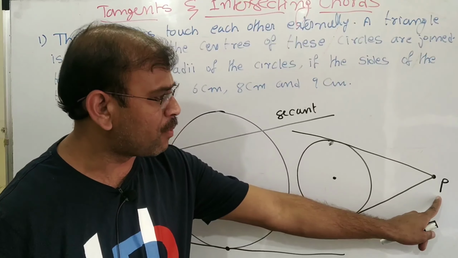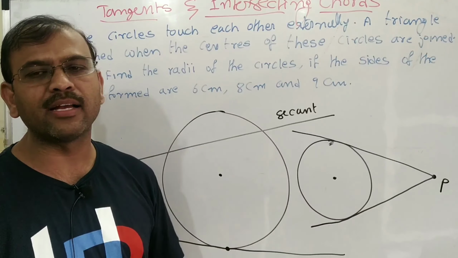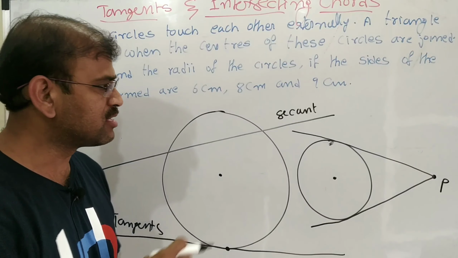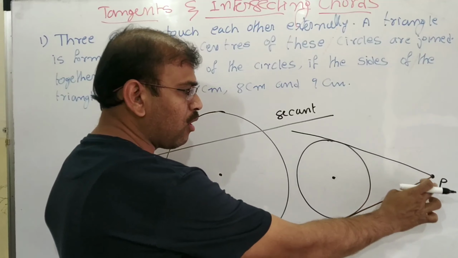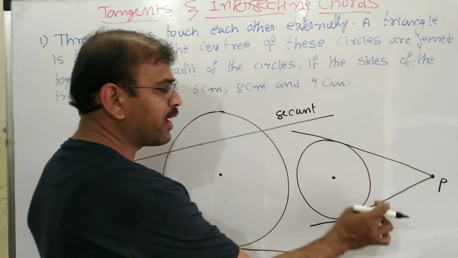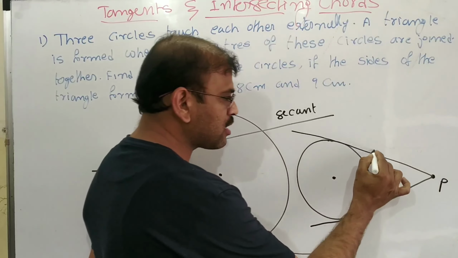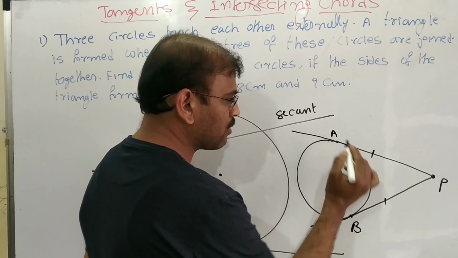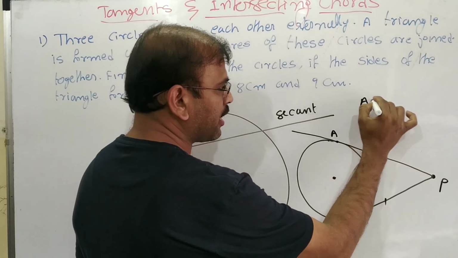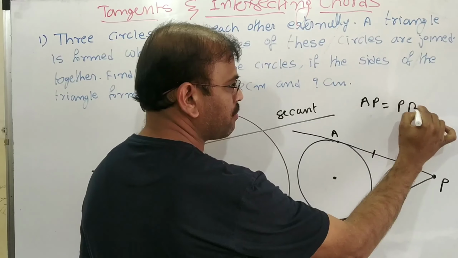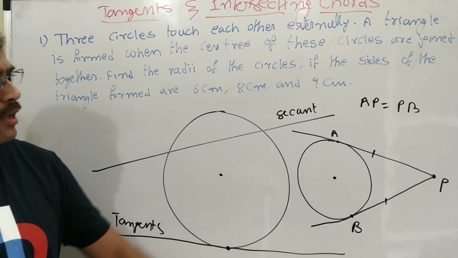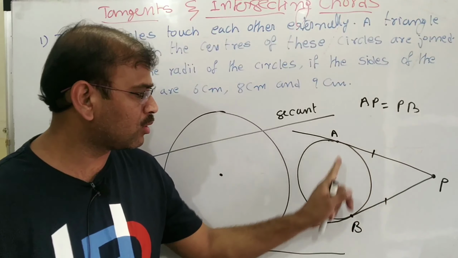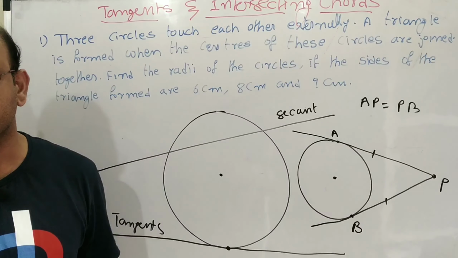From the exterior point, we can draw 2 tangents to the circle. Now listen carefully. When you draw 2 tangents from an exterior point to the circle, the lengths of the tangents are equal. So I can write AP equal to PB. The lengths of tangents are equal.